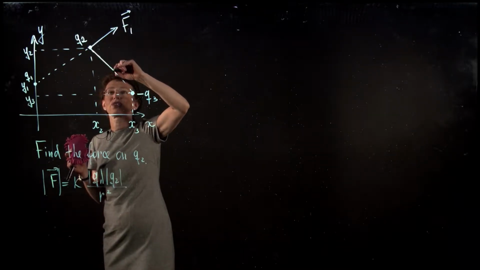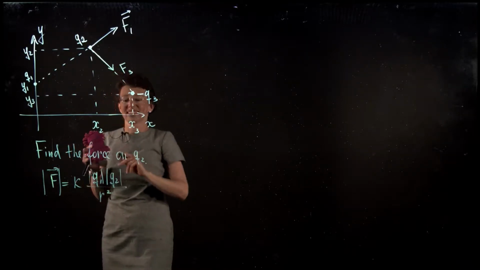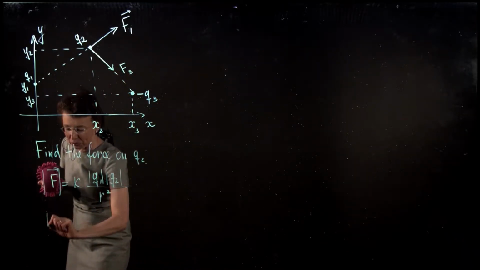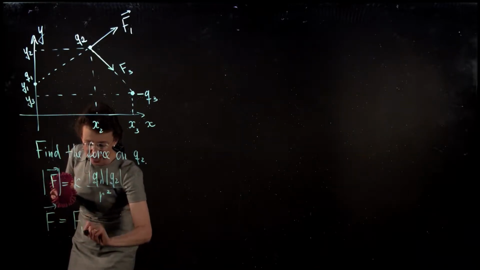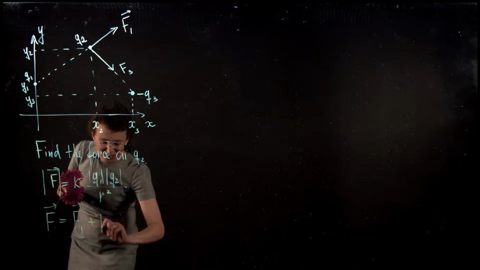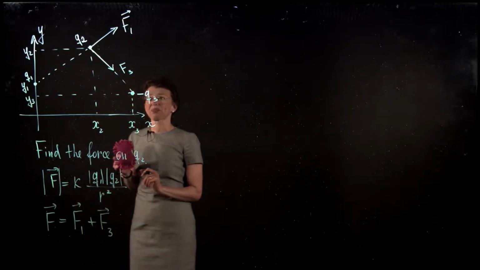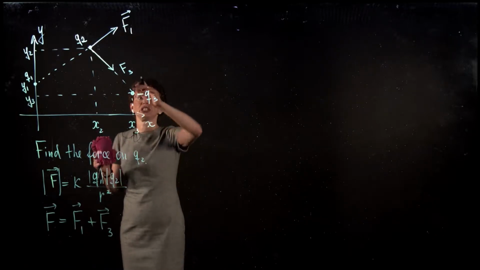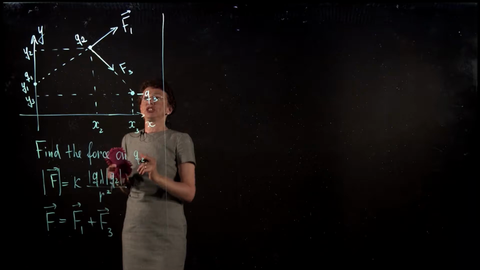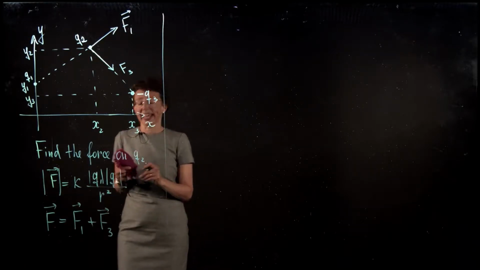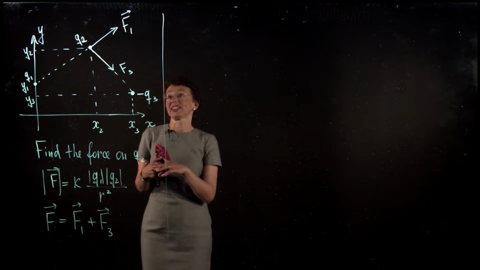This force will be F3. And we will use principle of superposition. So we will find each force separately, F1 and F3, and we will add them as vectors. So what we need to do now, we need to express F1 and F3 in terms of components, and then add x components and y components to find the resultant.